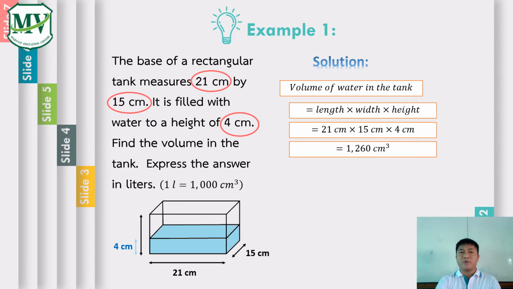But according to the problem, we need to express the answer in liters. That is why we need to convert cubic centimeters to liters. That is 1,260 cubic centimeters divided by 1,000, and the quotient is 1 and 26 hundredths liters.